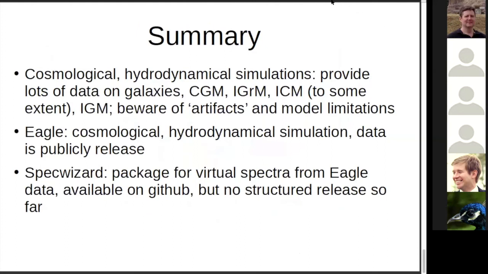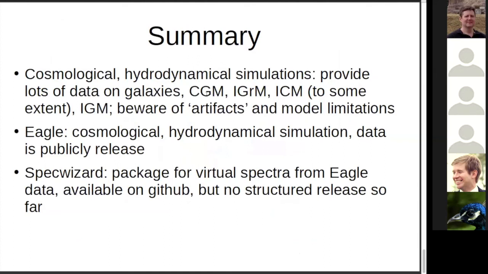So I've hopefully given you an introduction to some of these cosmological simulations. There's a lot of information on temperatures, densities, and element abundances in this gas, which you can use to make all sorts of interesting analysis of the gas around galaxies and in the intergalactic medium.